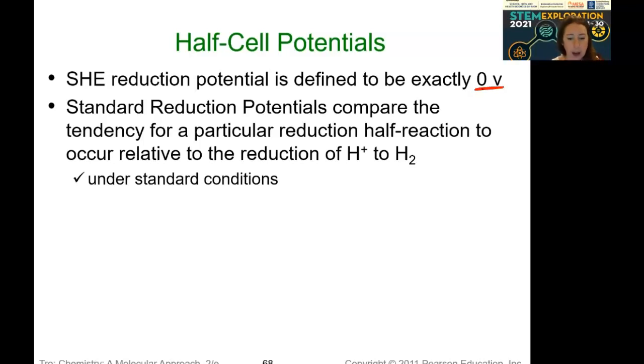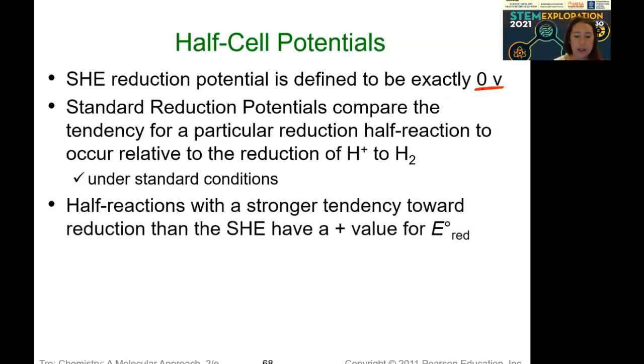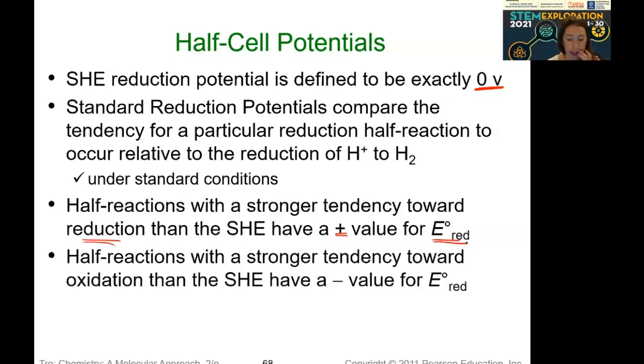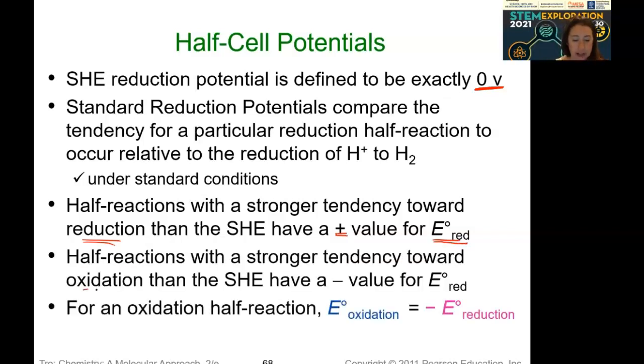And then we hooked it up with a voltaic cell with all of the other electrodes under standard conditions. If the half reaction had a stronger tendency to reduction, it ended up with a positive value. If it had a stronger tendency to oxidation, it has a negative value.